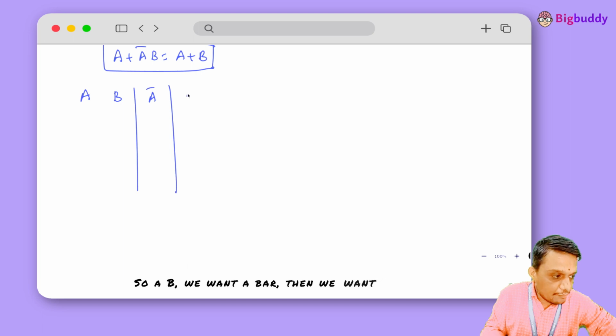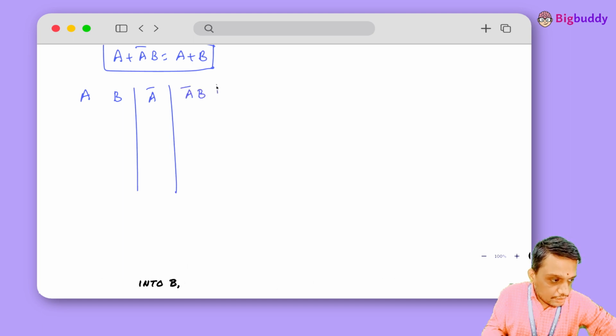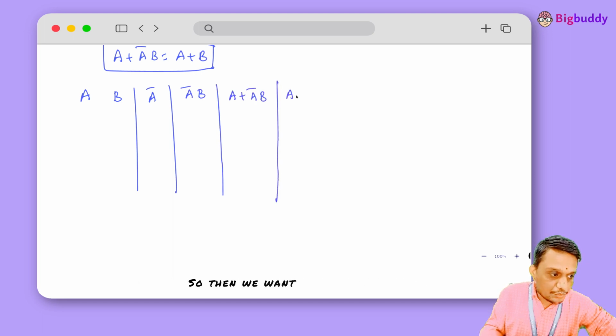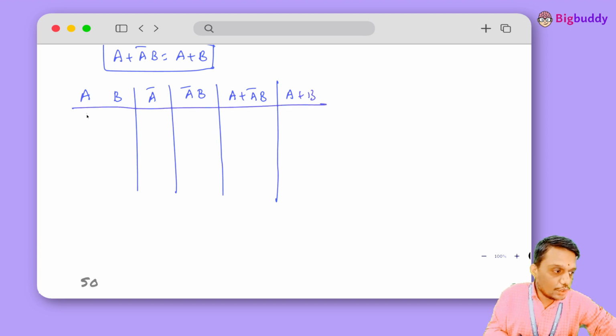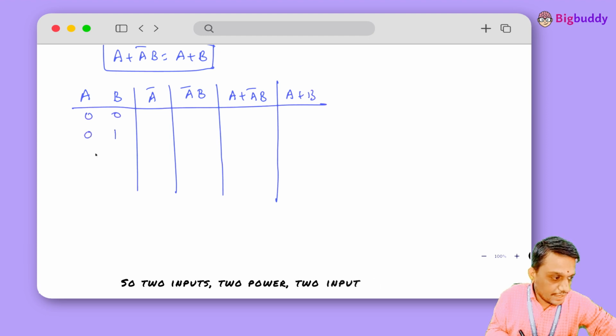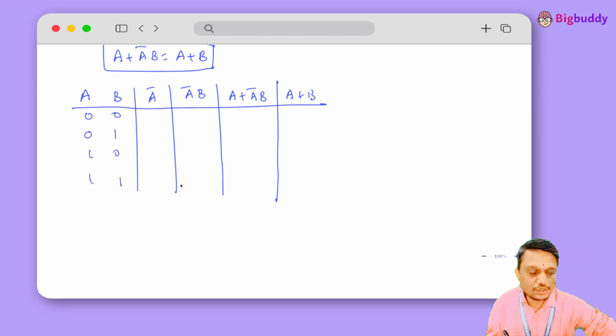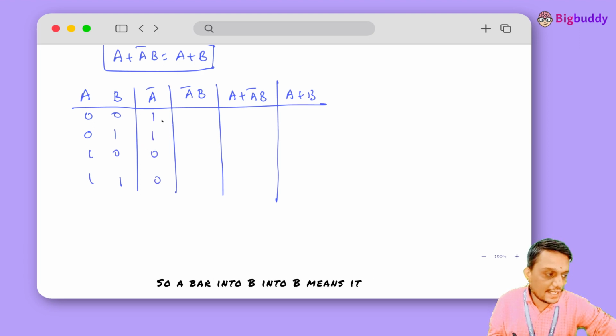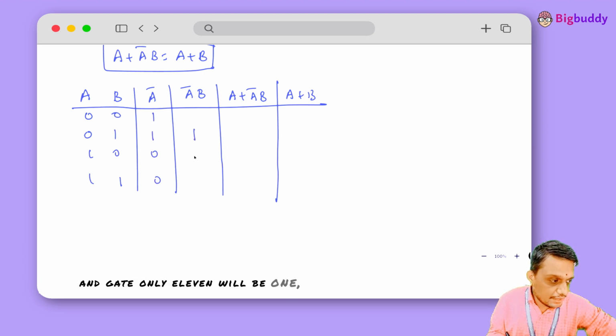Then we want A bar into B. So then we want A plus A bar into B. So then we want A plus B. Okay. So 2 inputs, 2 power 2 input variables, 0, 0, 0, 1, 1, 0 and 1, 1. So A bar 1, 1, 0, 0. So A bar into B. Into B means it is an AND gate. Only 1, 1 will be 1. Rest all will be zeros.